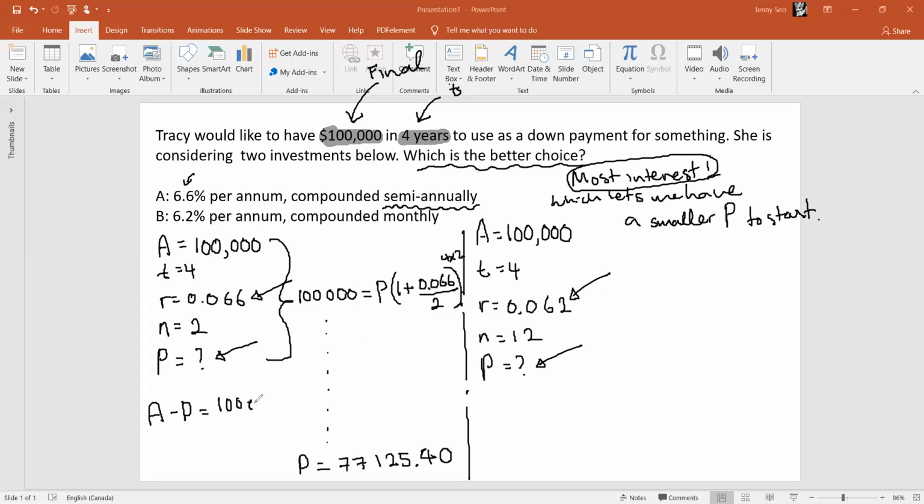So that would be 100,000 minus 77,125.40, and that equals 22,874.60. In the 4 years, we earned almost $23,000 in interest.